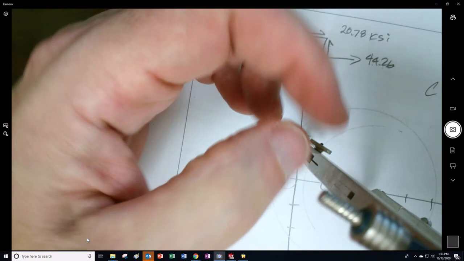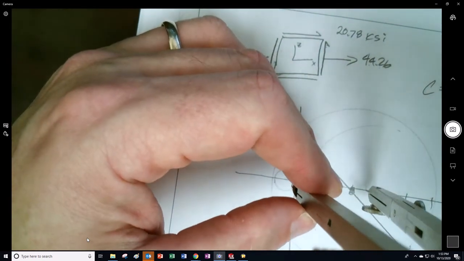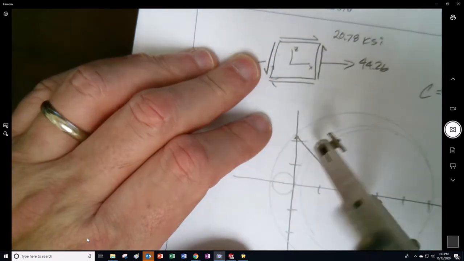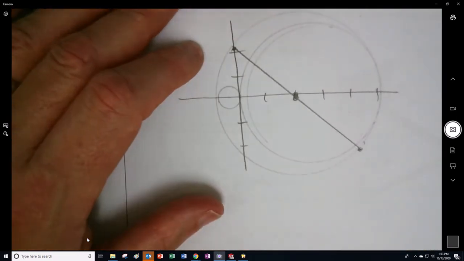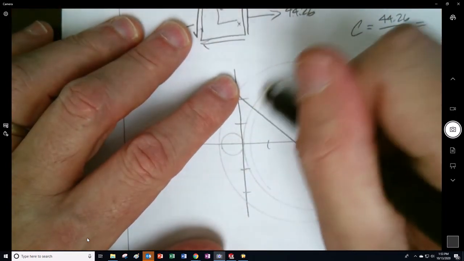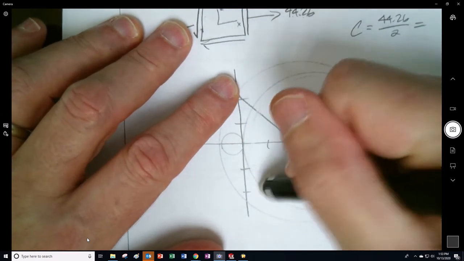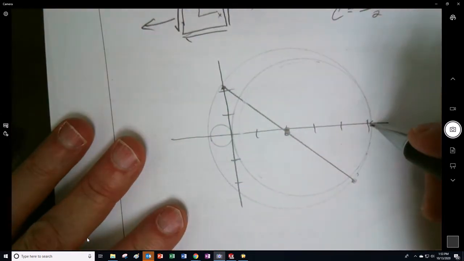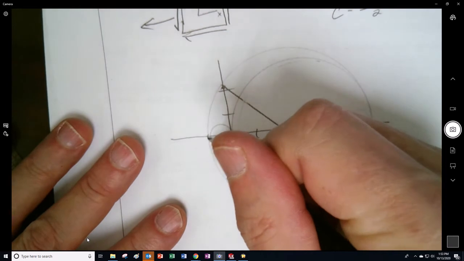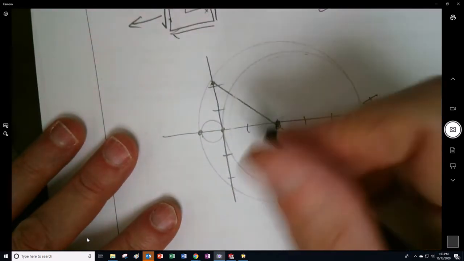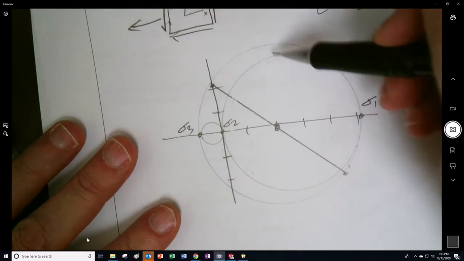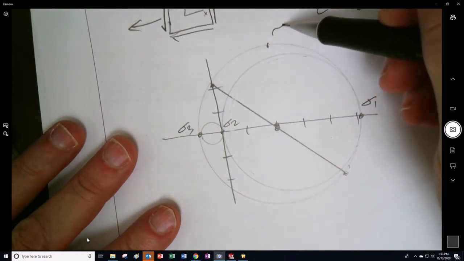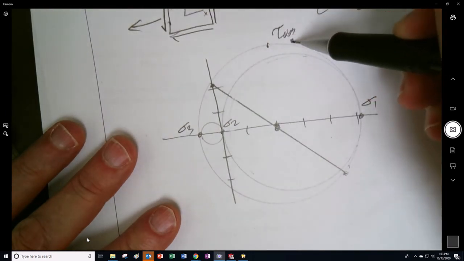You get the idea, right? And so there's going to be your principal stresses right here, and right here. This is that first principal stress, second principal stress, third principal stress. If we cared about it, here would also be where the tau abs max is going to be.